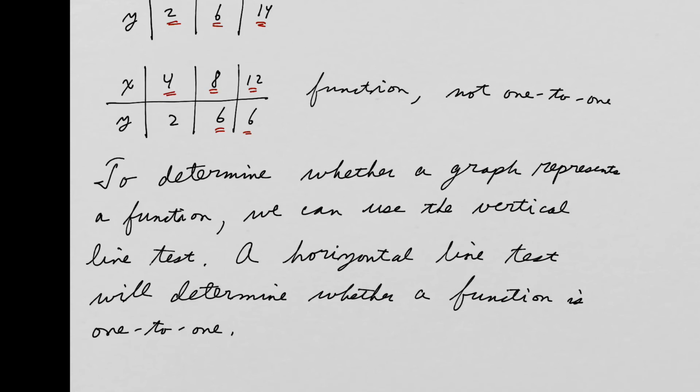Okay, but first you have to use the vertical line test first, right? Because you don't even need to test the second to see whether it's one-to-one unless it's actually a function.